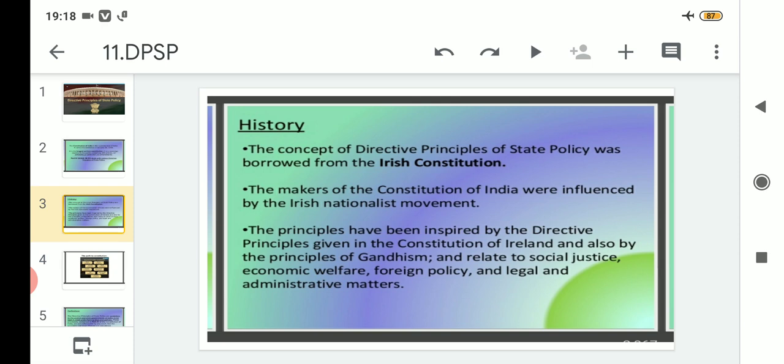Many good things were taken, as the framers of our Constitution were really inspired by that. Starting from social justice, then economic welfare, then foreign policy, and last but not least, legal and administrative matters, which inspired the framers to include these things under the DPSP, that is Directive Principles of State Policy.